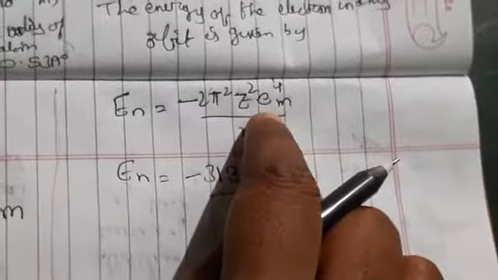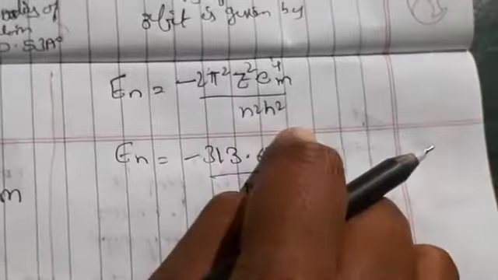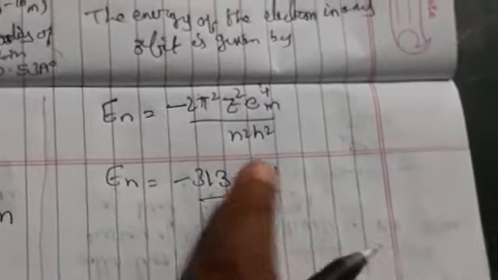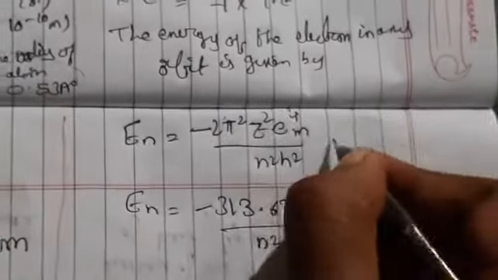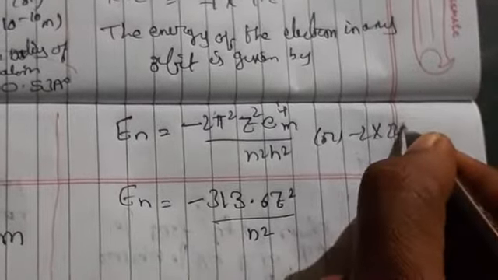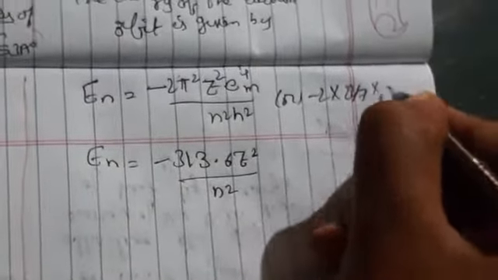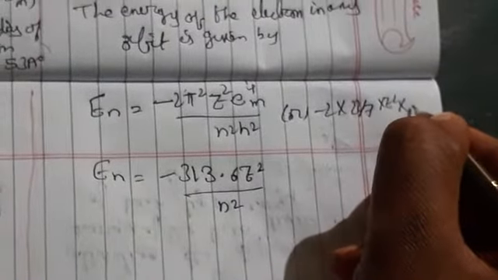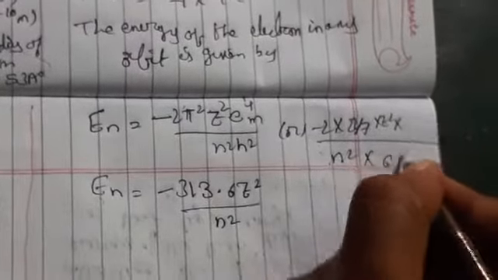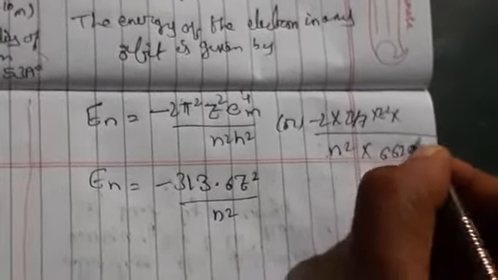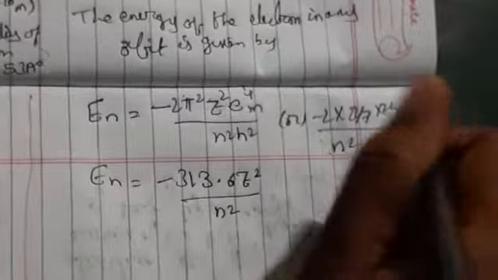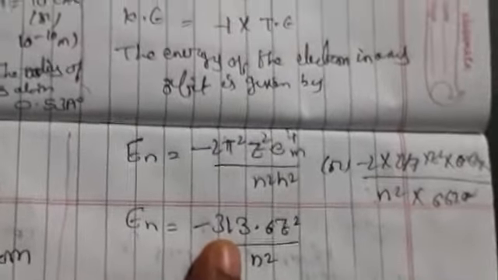That is, if you apply the charge of the electron, mass of the electron, the value of pi, Planck's constant 6.626 into 10 power minus 19 and the atomic number Z, then by calculating all of these you get this value.